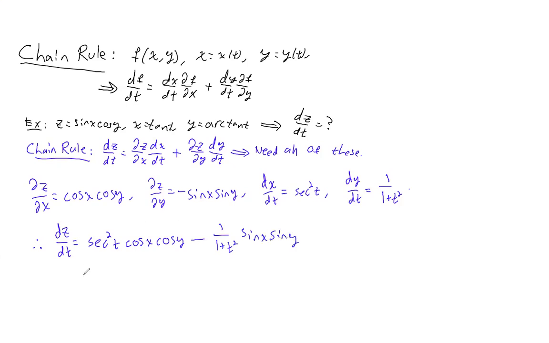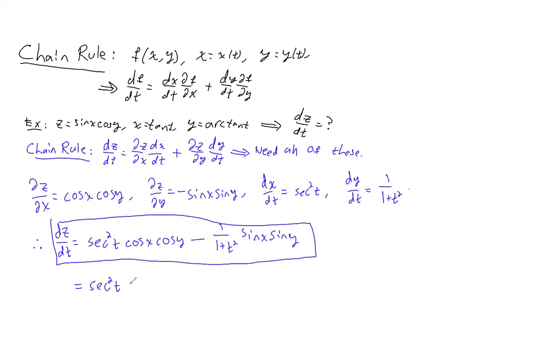Now, strictly speaking, if you wanted to, you could take this a step further. First of all, this is a perfectly fine answer. There's absolutely nothing wrong with leaving your answer this way. It's actually quite nice. But technically, that's the same thing as saying secant squared t times cosine of tangent t times cosine of arctangent of t, minus 1 over 1 plus t squared times sine of tangent t times sine of arctangent t.